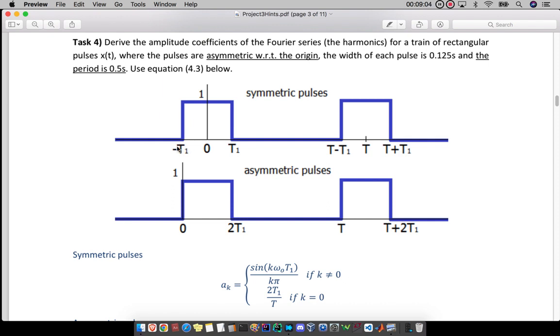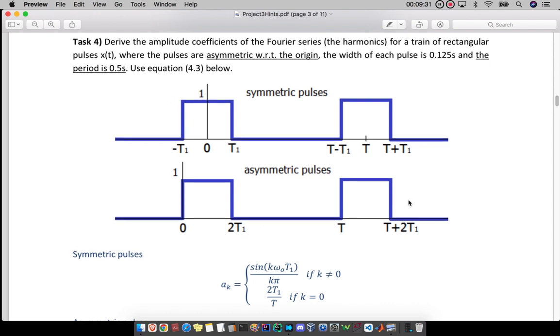I don't know how behind anyone is with Lab 5 and so on, but Lab 6 is pretty similar to this, except the Fourier series harmonics are a train of rectangular pulses x of t, where the pulses are asymmetric with respect to the origin. The width of each pulse is 0.125 seconds, and the period, capital T, is 0.5 seconds.